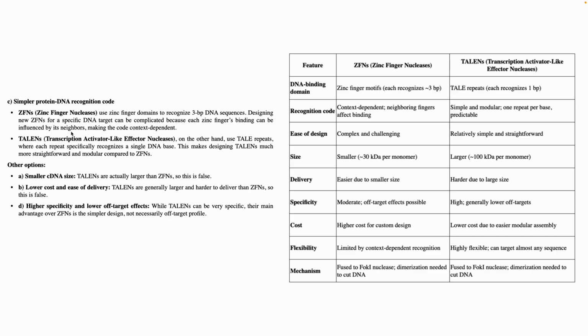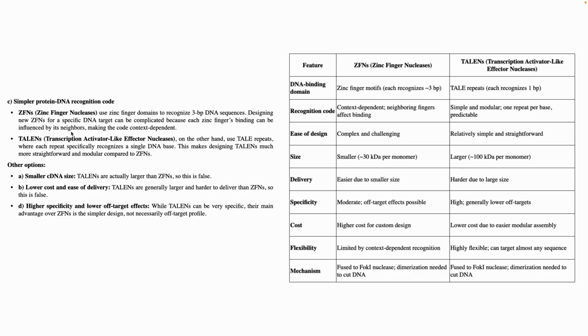So we have already seen how one zinc finger binding domain is affected by its neighboring domain. So we will not go into this here. So this makes the zinc finger nuclease more complicated than that of the TALEN.